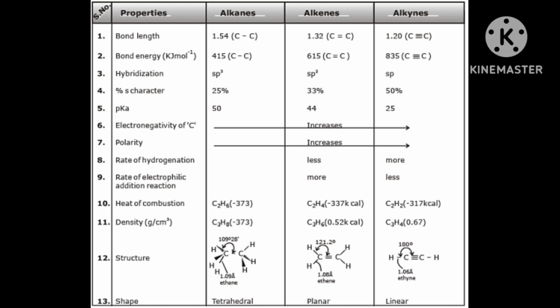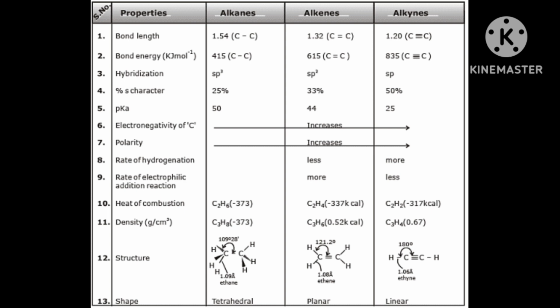It will become CH3 CBr, triple bond, CBr. Okay, the triple became a double bond, and it is called 1,2-dibromopropene.